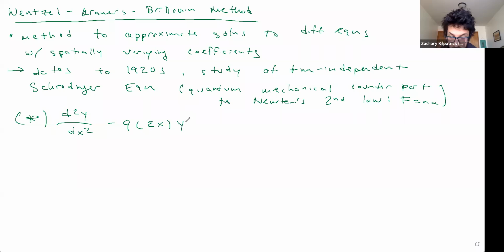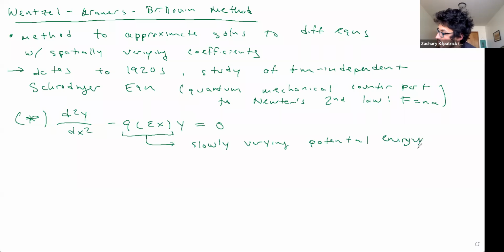The twist is that you have this slowly varying function of x, which serves as the coefficient of the 0th order term, okay? And you often think of this as resulting from some sort of energy potential. And this function physically is often described as some slowly varying potential energy.